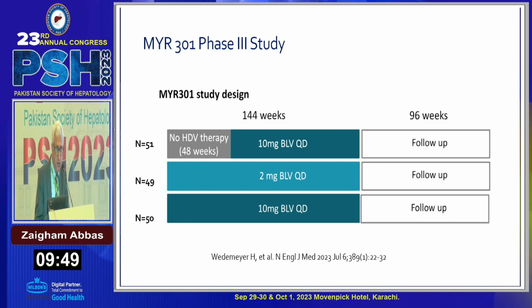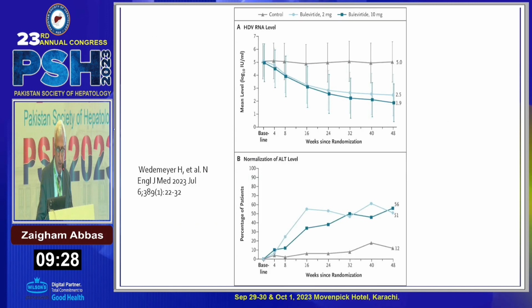This study had 3 arms, each with about 50 patients. 2 milligram subcutaneous daily was compared with 10 milligram subcutaneous daily. And in the third group, the treatment was deferred for 48 weeks, and then 10 milligram subcutaneous daily was initiated.